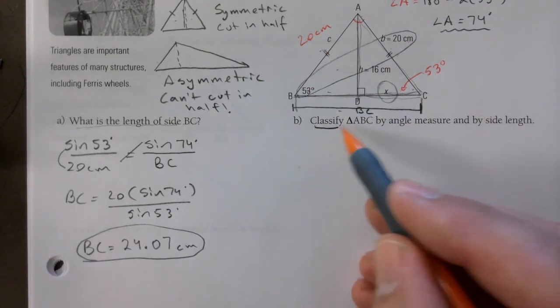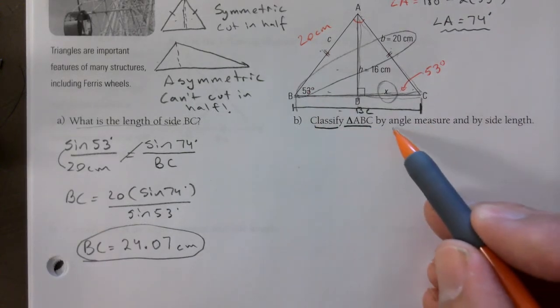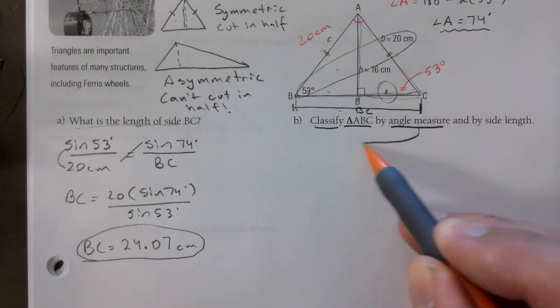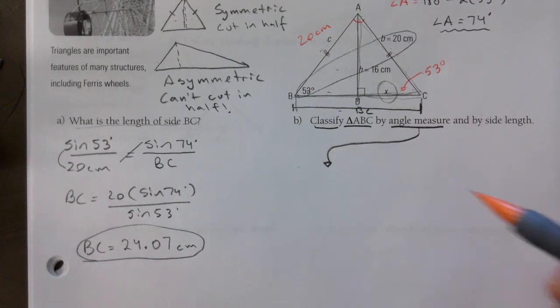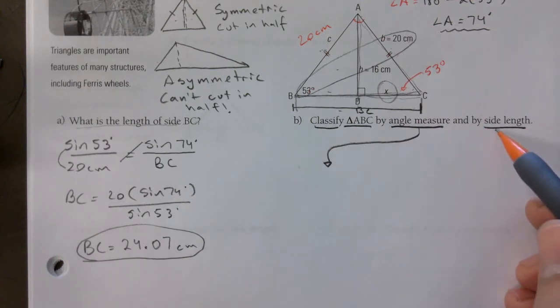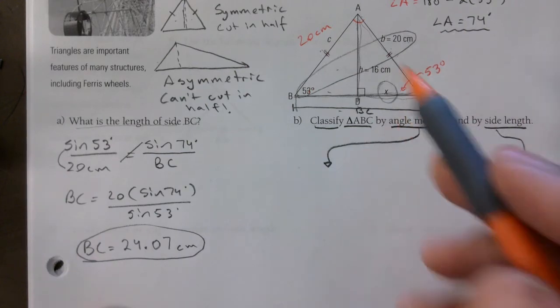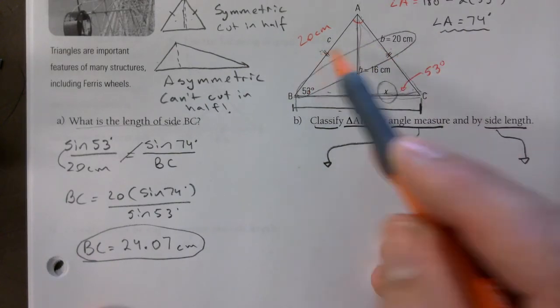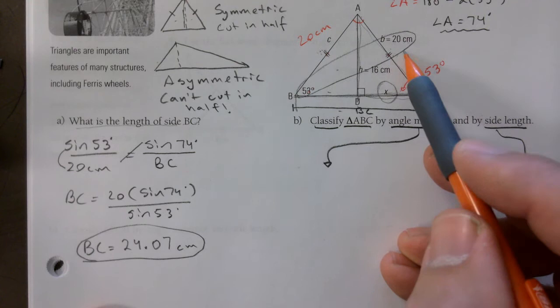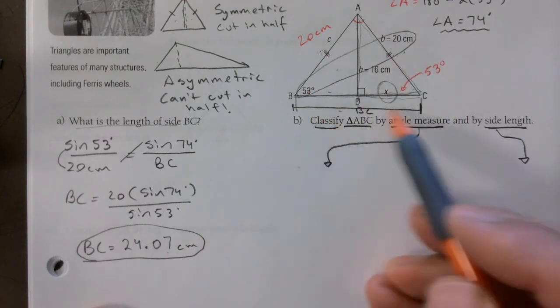Okay, classify triangle ABC by angle measure, so we're going to do that, and by side length. So how would we do that? Well, we have 2 sides that measure the same. Only 2, right? Because the third side is longer.